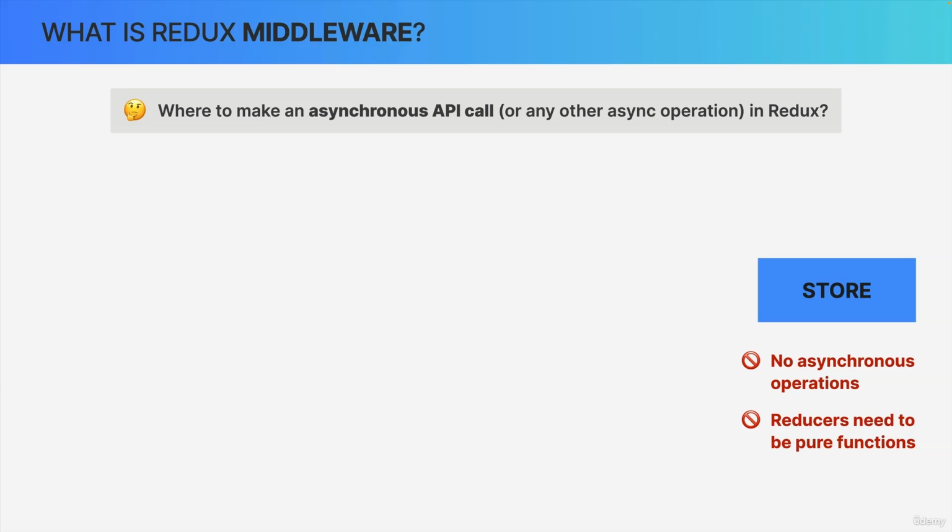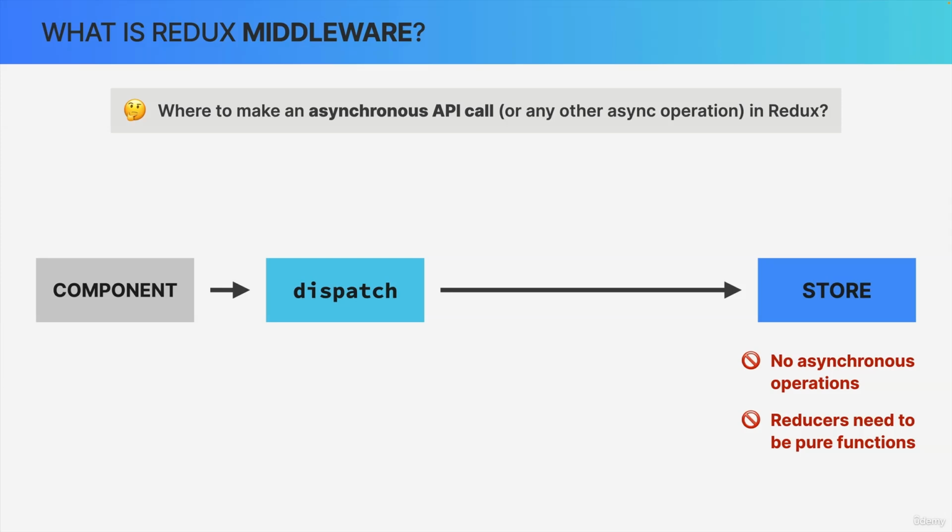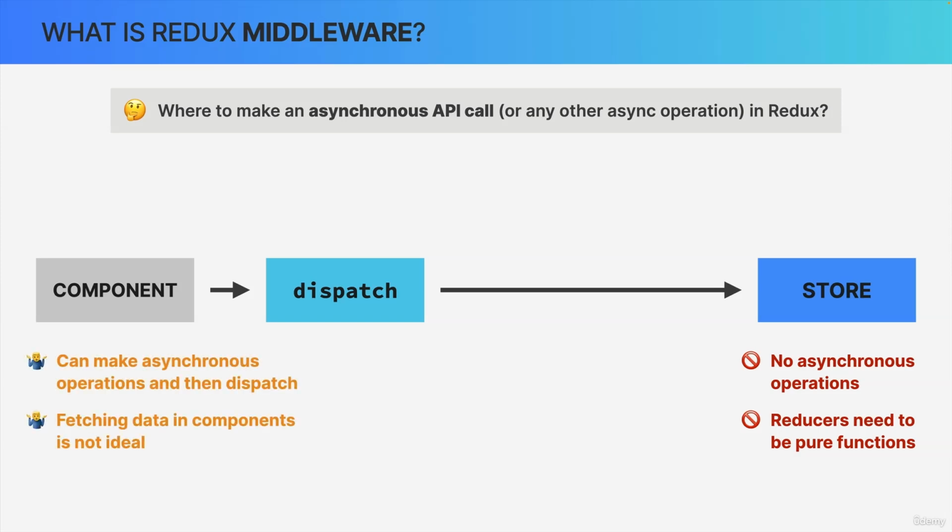So instead, should we maybe fetch the data inside the component and then dispatch an action to the store with that received data? Well, that is actually possible, but it's not an ideal solution. And the reason for that is that we usually want to keep our components clean and free of data fetching.